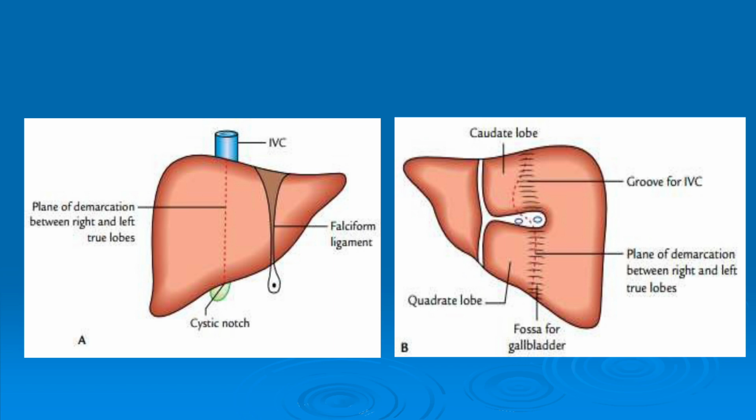This is called Cantlie's line, or plane. On the diaphragmatic surface, this is the plane of demarcation between the right and left true lobes. This is the true lobe of the liver. Now we want to move on.